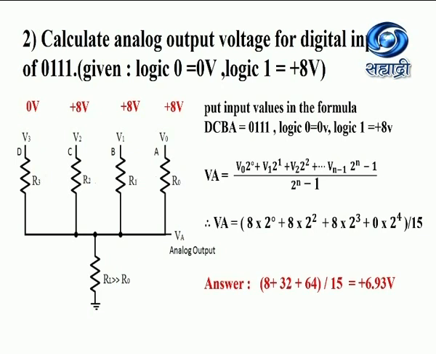The positional weight of the D bit is 2 raised to 4 and the voltage applied to that bit is 0, that's why we write 0 there. When we calculate VA, the answer will be (8 plus 32 plus 64) divided by 15, that is plus 6.93 volt for the digital input 0, 1, 1, 1.